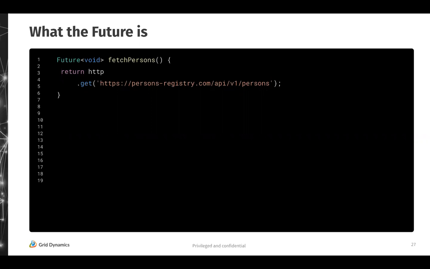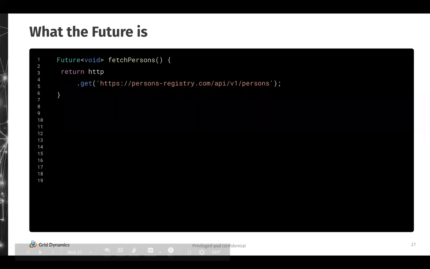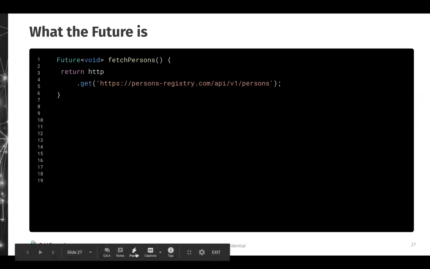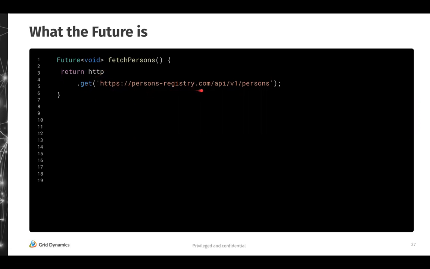And the thing is that most of the time, when we work with future or with any asynchronous activity, which is here, for instance, our activity which we are working on is HTTP request. As you can see in this example, let me turn on my pointer. We are trying to perform HTTP GET request to some endpoint in order to probably fetch some persons, I guess.